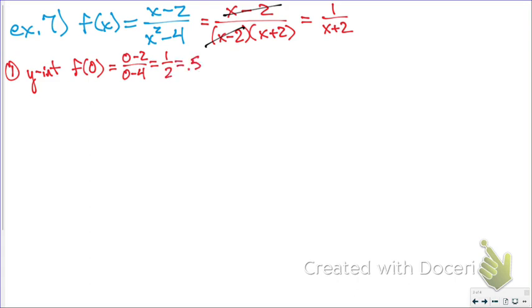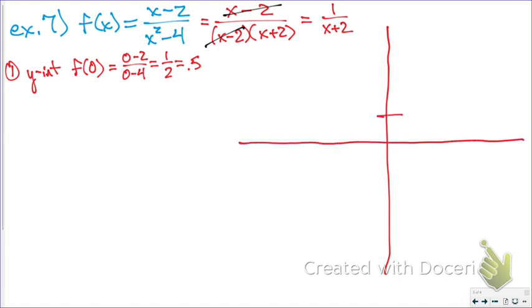So when we graph that, I'm going to make 1 dash up. And make a dot at 0.5.